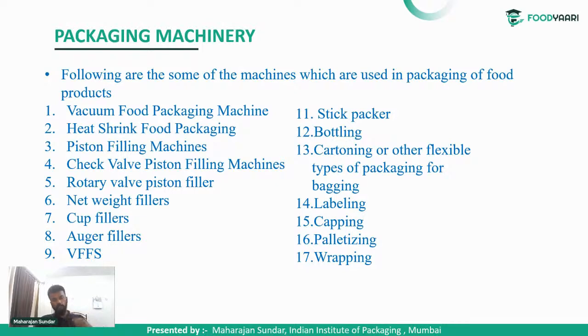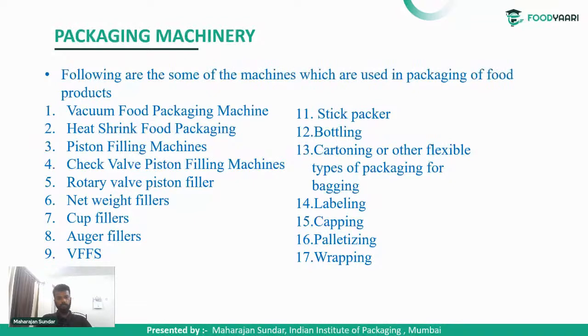Then gas flushing is done, because even 1% of oxygen present increases oxidation, which reduces the lifetime of the chips and makes them soggy. So N2 is flushed inside, then it is sealed. That is the vacuum packaging machine.